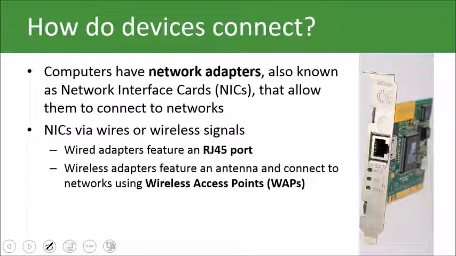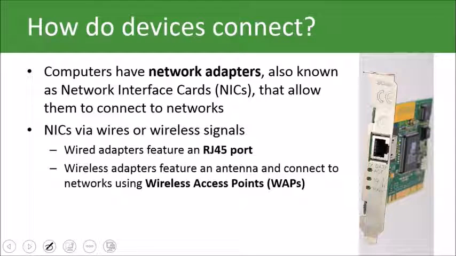All of these devices connect to each other via network adapters, right? Network adapters are also known as network interface cards, and these are the pieces of equipment that make it possible for computers and even our cell phones to communicate with each other.